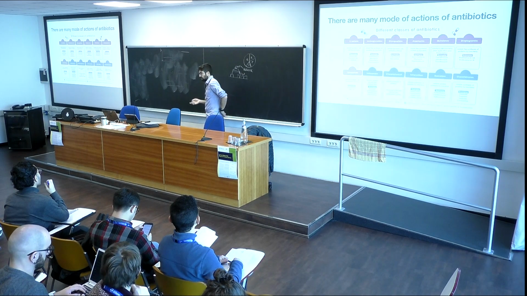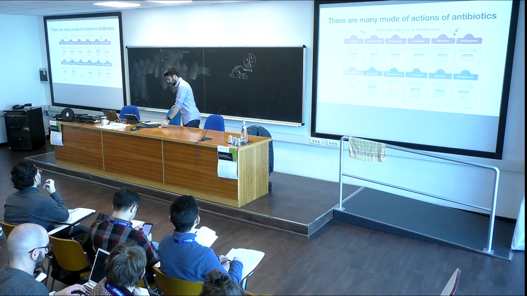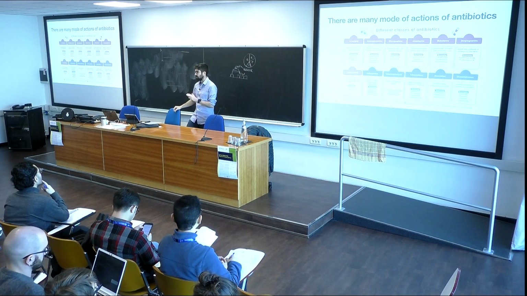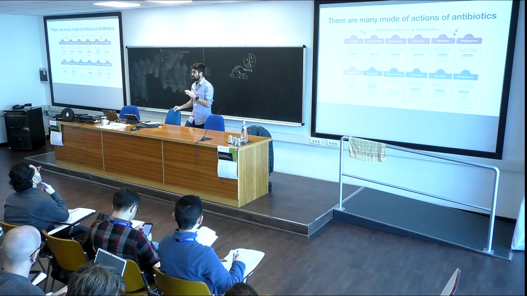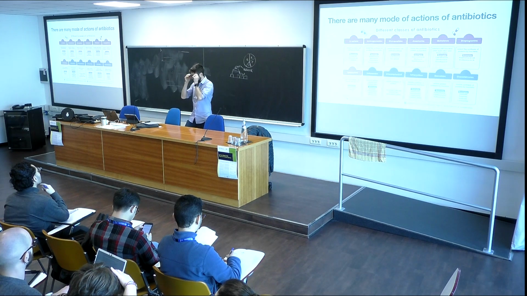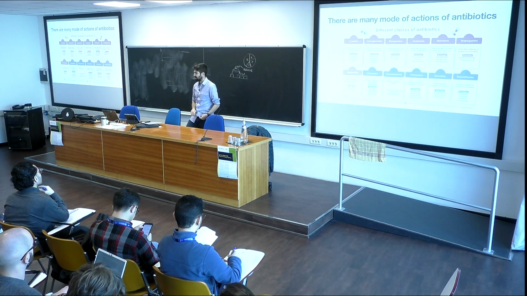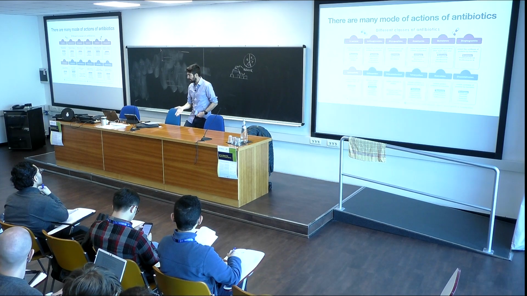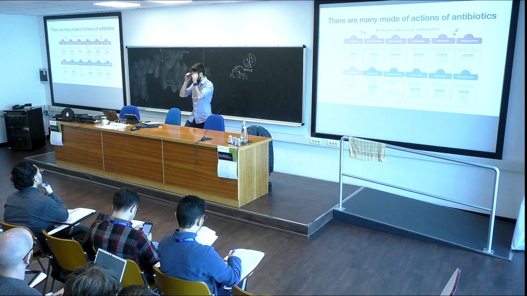And this is something that we could do, and perhaps we're going to do, but the first observation is that resistance is widespread. And the evidence is based on the fact that you can see bacteria that are supposed to be killed by antibiotics that are not killed. Okay?